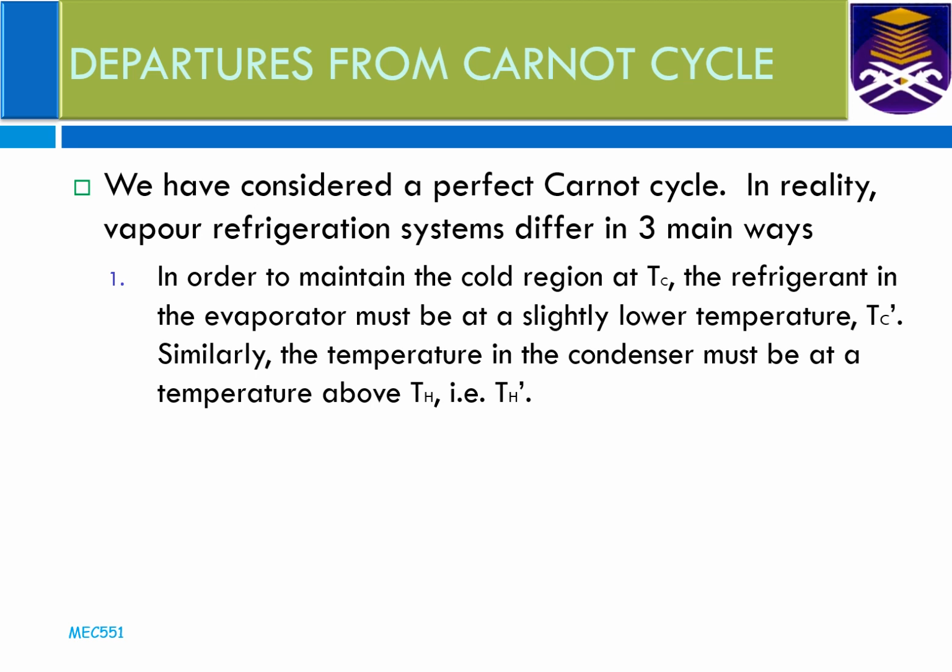In order to maintain the temperature at Tc, the refrigerant in the evaporator must be slightly lower than the temperature Tc prime, which means that the temperature for absorption must be lower, so the evaporator temperature must be lower than the cool region, so that heat will be absorbed into the evaporator. Similarly, the temperature of the condenser must be higher than the temperature of the surroundings. So that is one.